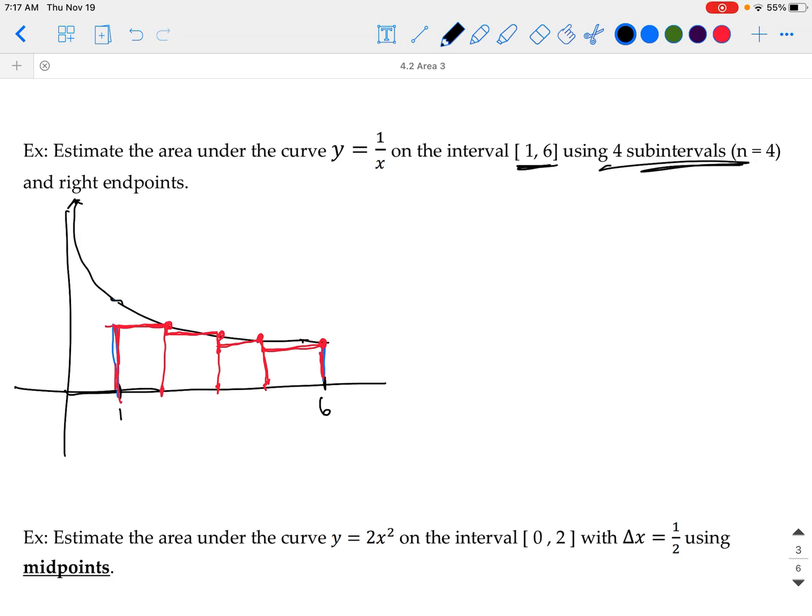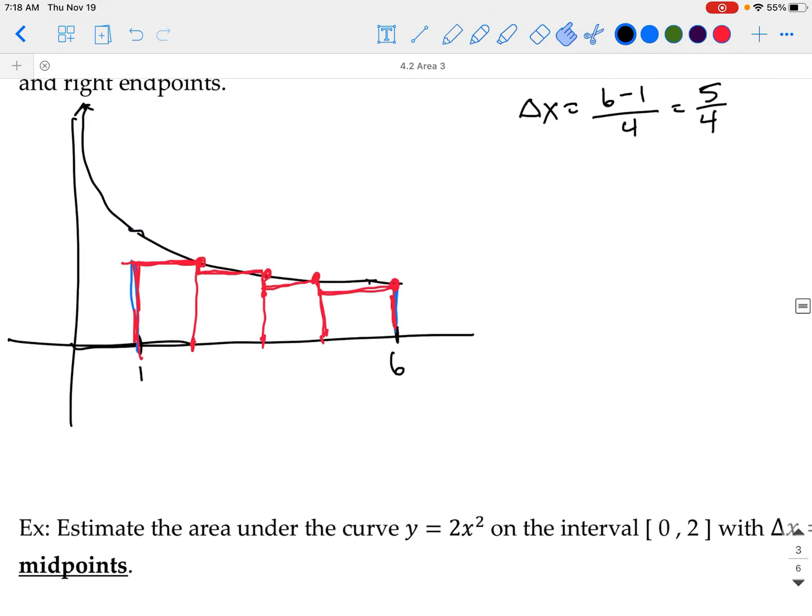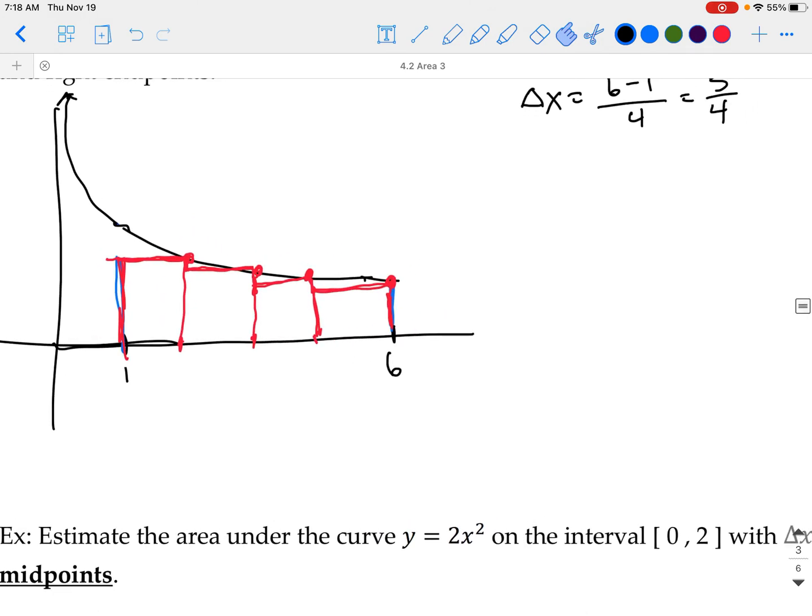So we know our interval, we know our number of subintervals, so we'll note delta x is 6 minus 1 over 4, which is 5 over 4, or 1.25. So what I'm going to do then is rewrite this slightly, instead of 1, I'm just going to write it as 4 over 4. And then just add 5/4.